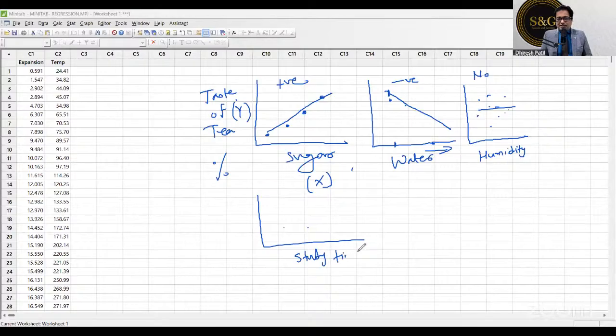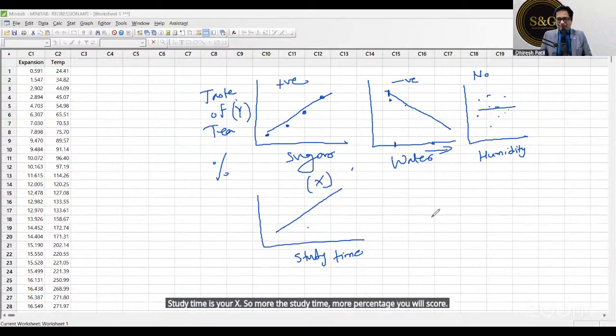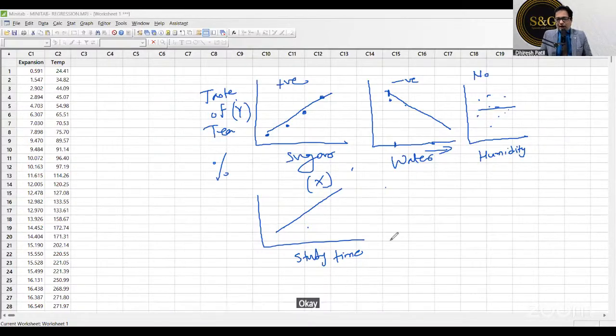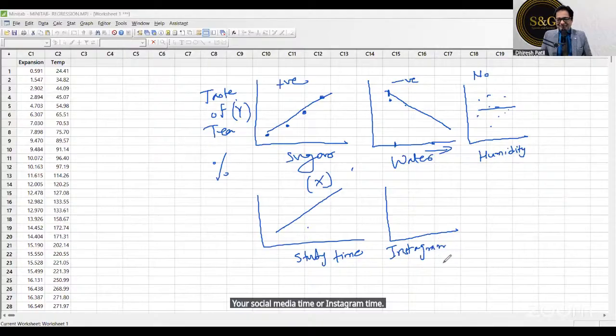So the more the study time, the more percentage you will score. Negative will be your social media time or Instagram time. So the more time on Instagram, the less score will be scored.